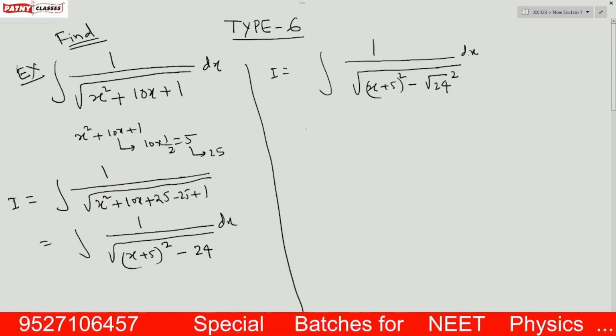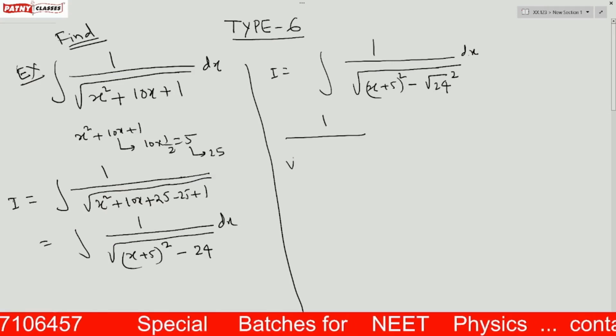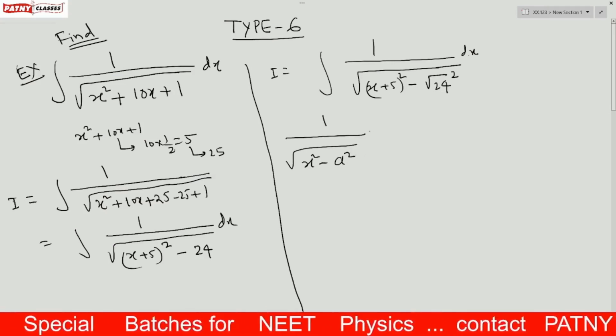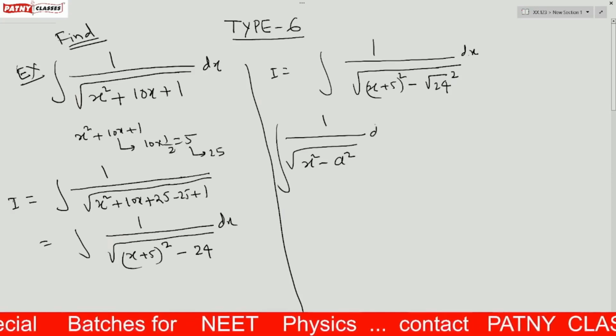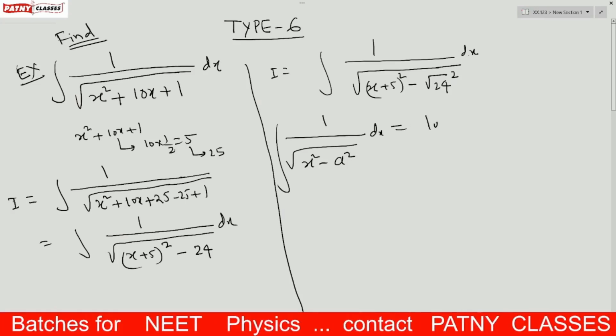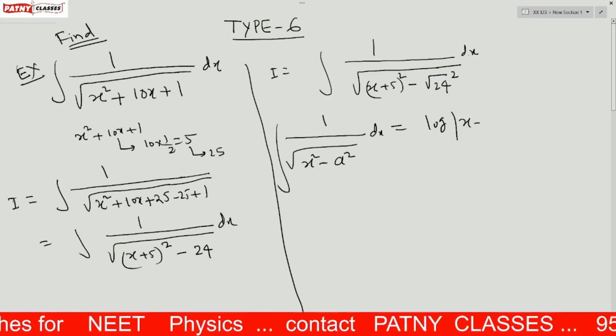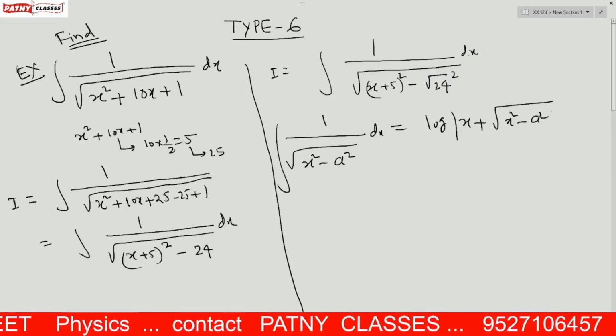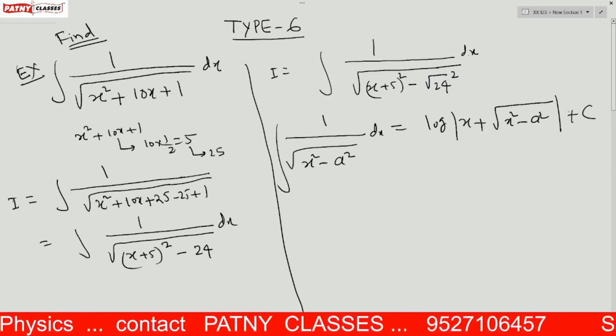Now it resembles the formula: integration of 1 upon under root of x square minus a square equals log of x plus under root of x square minus a square plus c.